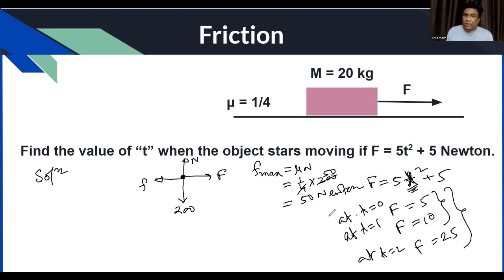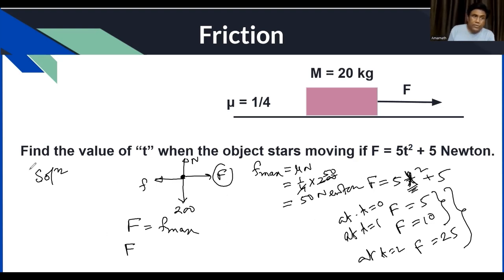It will be 50 Newton only. That is F max. It means if you increase your force, the object will start moving only when the applied force reaches 50 Newton. So applied force F equal to F max, then only the object will move.